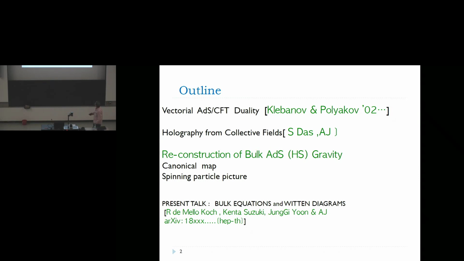In a canonical picture or some spinning particle picture. But in the present talk, I'll be discussing some recent calculations on bulk equations which follow from this scheme, and also Witten diagrams, which we would like to exhibit in this scheme.